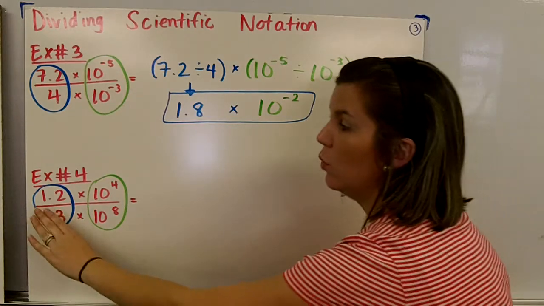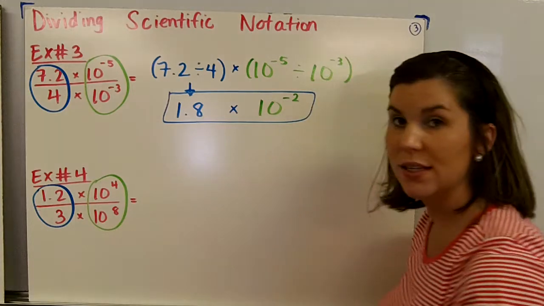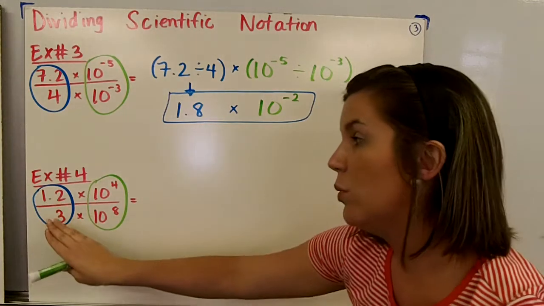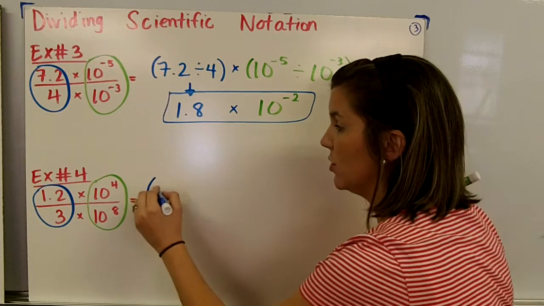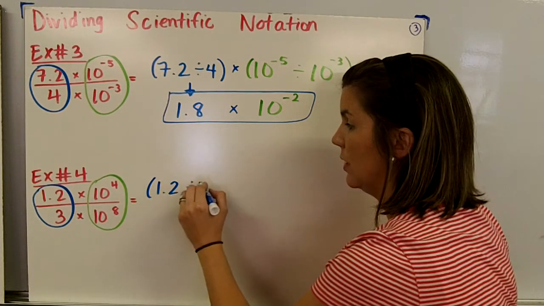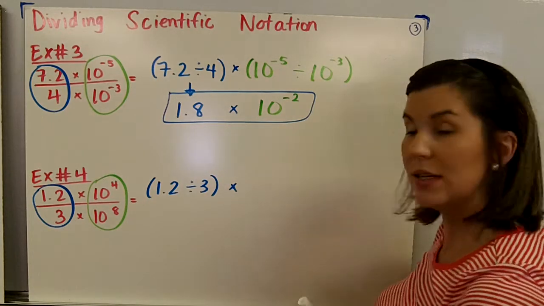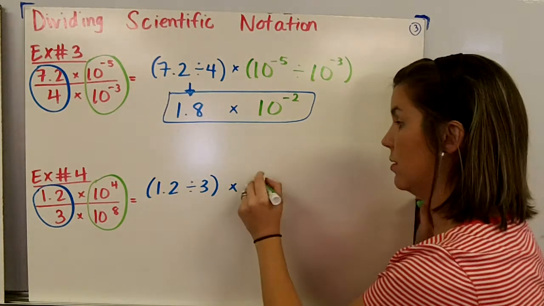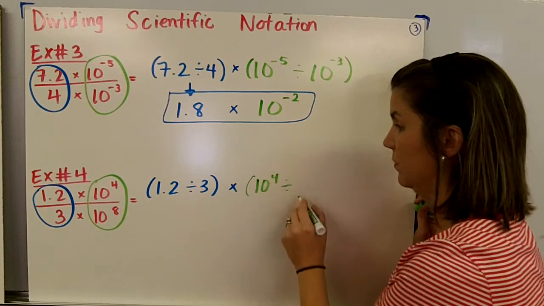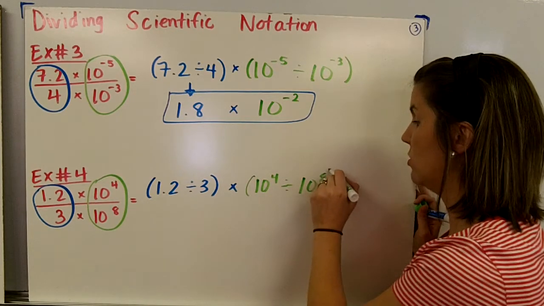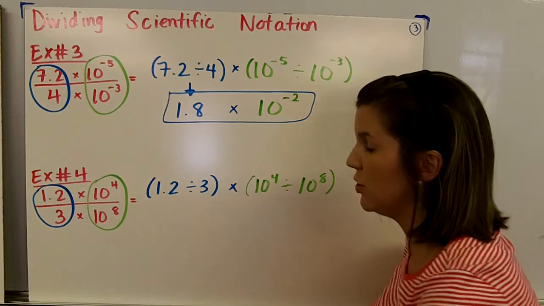Example number 4: 1.2 times 10 to the 4th divided by 3 times 10 to the 8th. So again, 1.2 divided by 3, we can group those together. They're like factors. And we can also group 10 to the 4th divided by 10 to the 8th. Those are like factors as well. They both have base 10. 1.2 divided by 3.